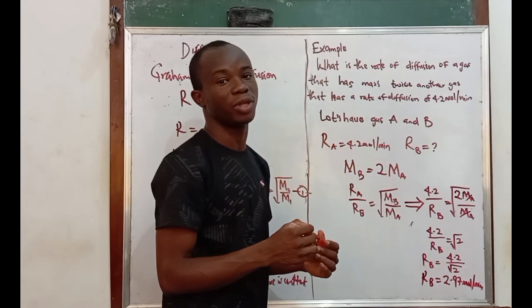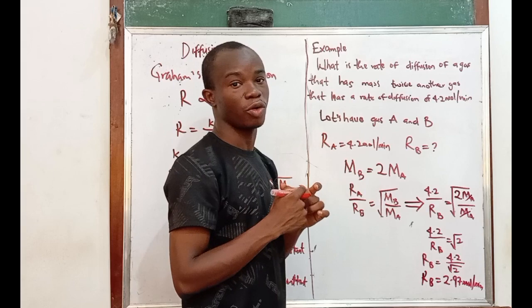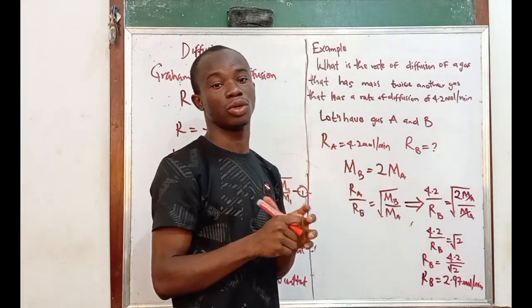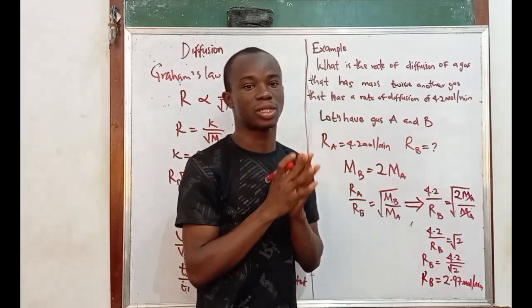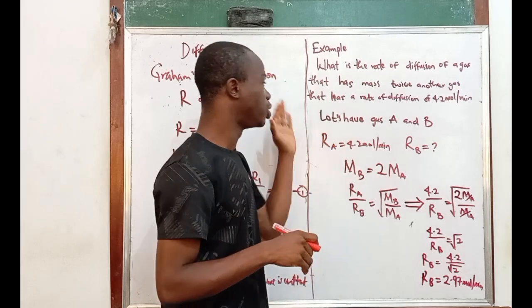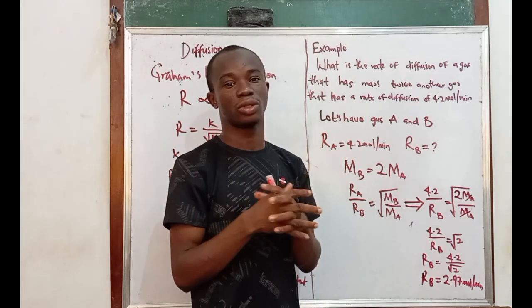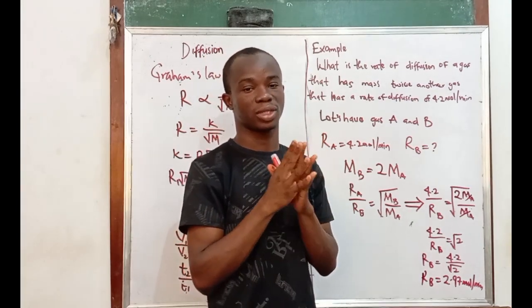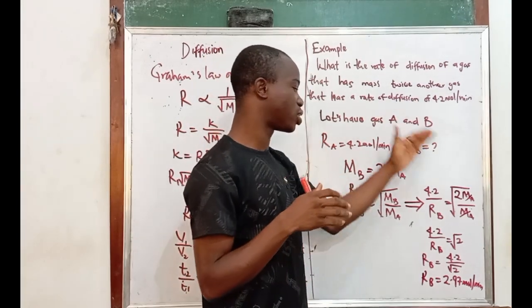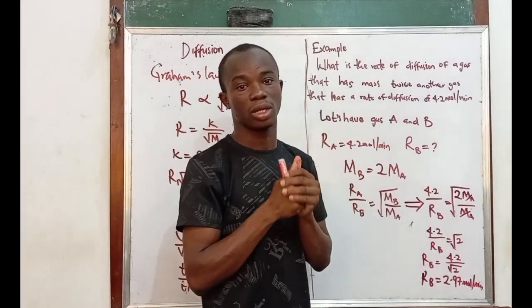And that will be the rate of diffusion of the other gas, which we do not initially know its rate of diffusion. So this is an example of a question that involves diffusion, and I've shown us how we can go about the process.